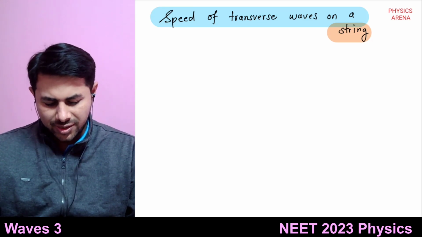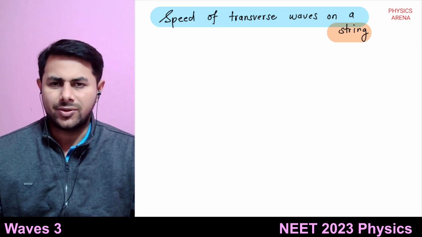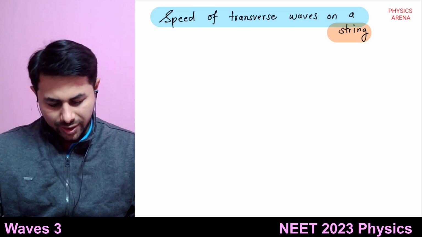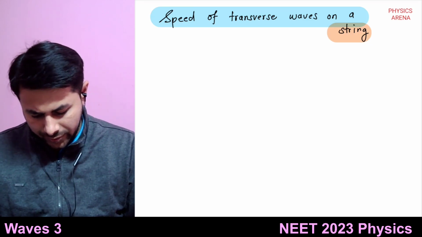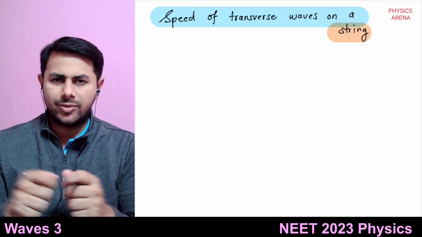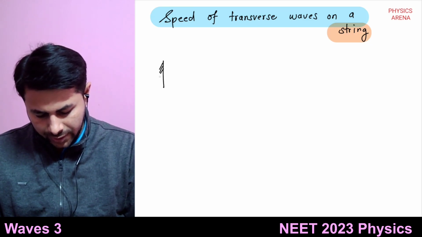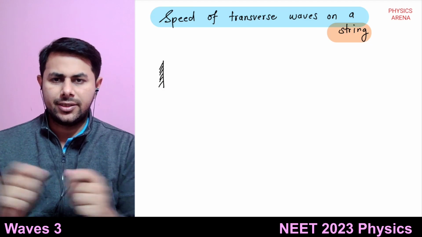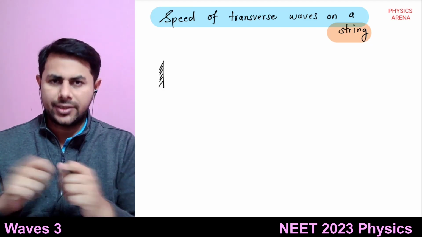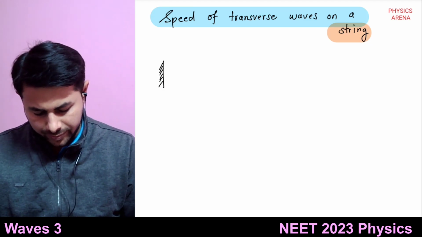So let us discuss the speed of transverse waves formed on a string. Let's suppose that we have some rigid support, and a string is connected to this rigid support.